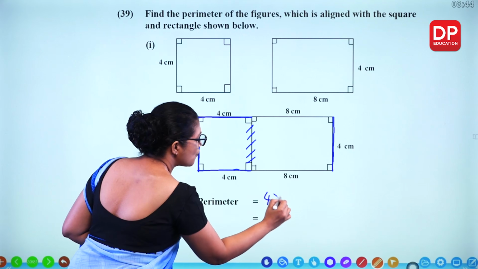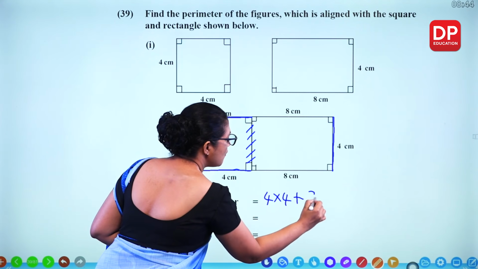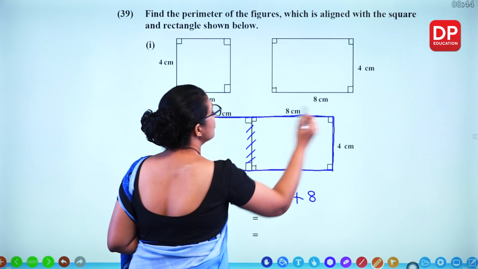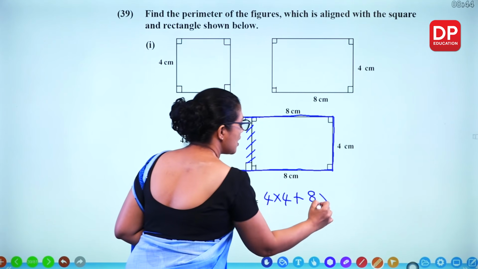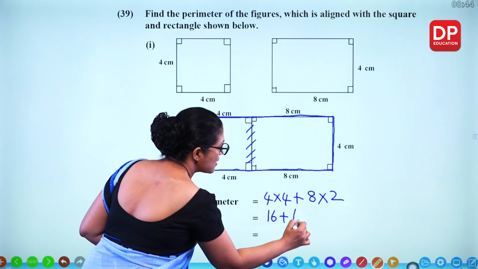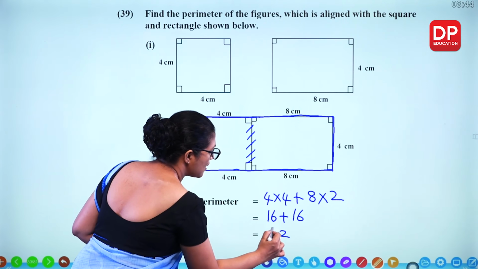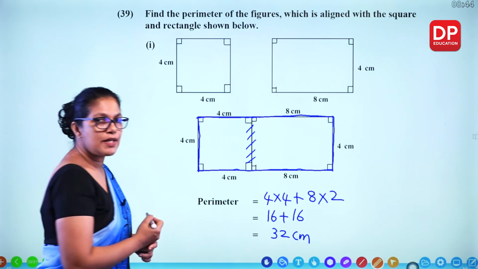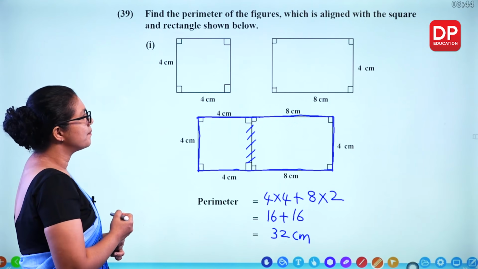So 4 times 4. And what about 8? 1, 2. 8 times 2. So 4 times 4, 16. 8 times 2, 16. You get 32 centimeters for the perimeter of the combined figure.